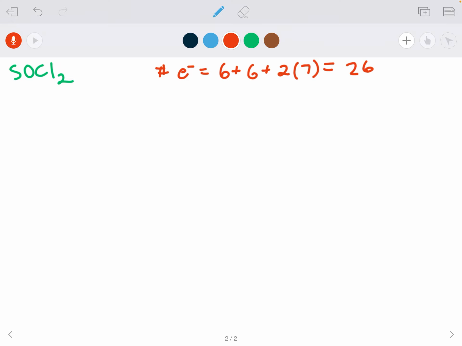I'm going to guess here that sulfur is the central atom, because in general, the central atom is going to be the least electronegative of your atoms. So if we have sulfur, then I'll put an oxygen, chloride, and a chloride.